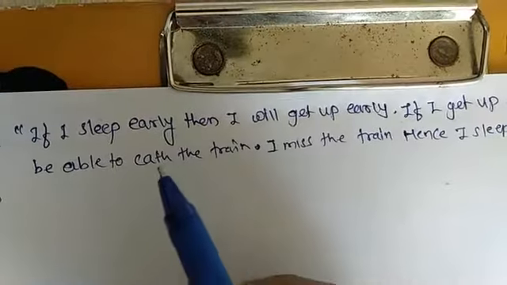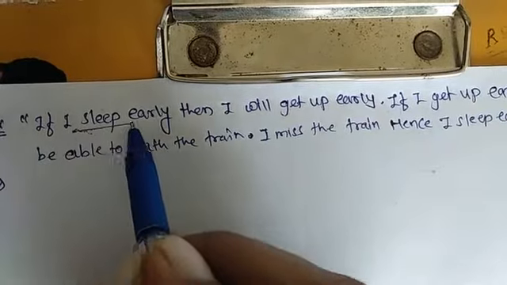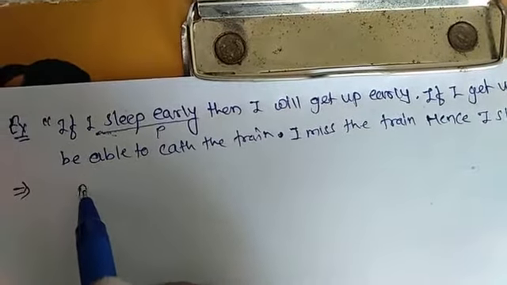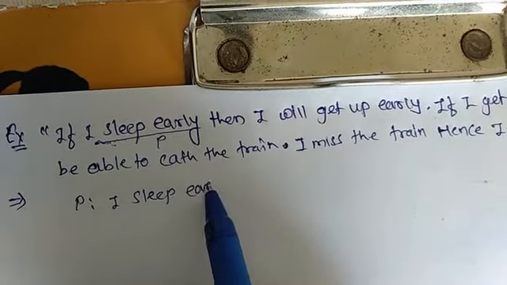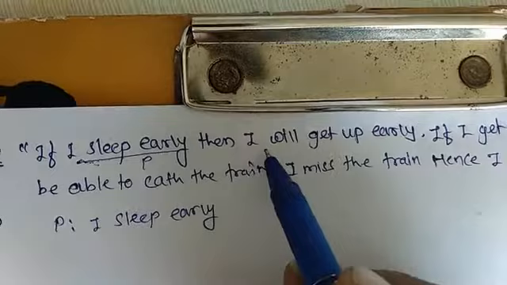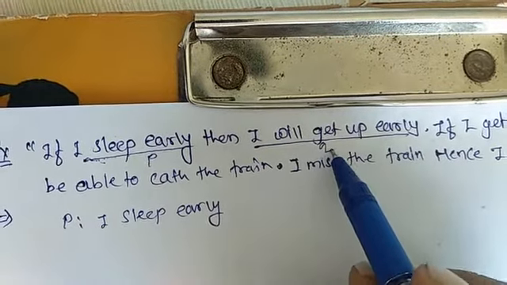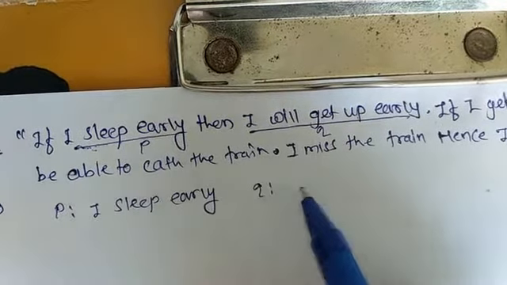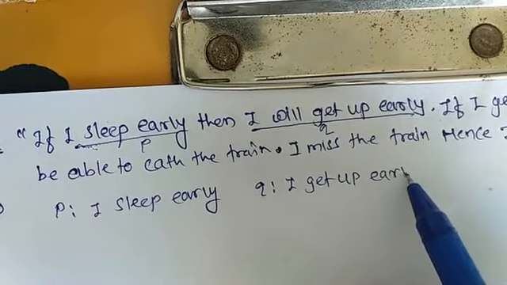Now first of all we have to see how many sentences are given here. It is 'I sleep early', which will be our P statement. So P is I sleep early. Next, 'then I will get up early', second, Q is I get up early.